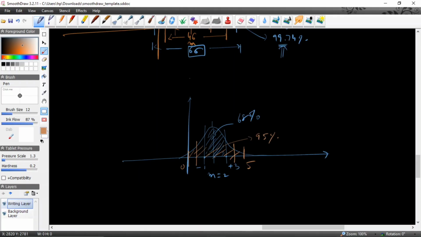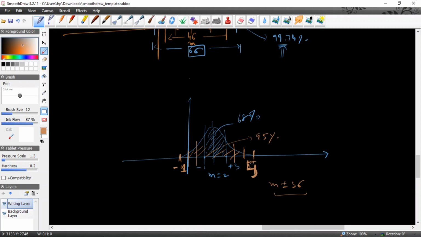Okay, and if you take m plus minus 3 sigma, then it will become 2 minus 3, that is minus 1, and 2 plus 3 becomes 5.